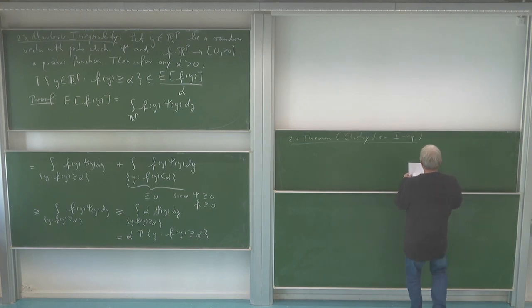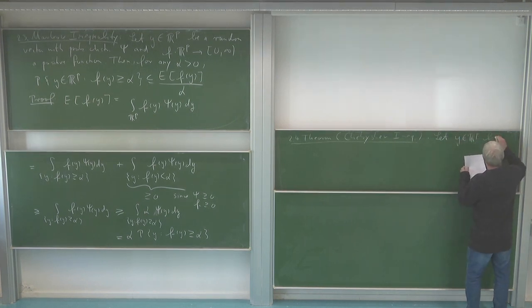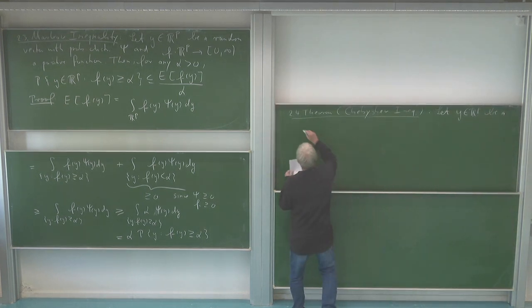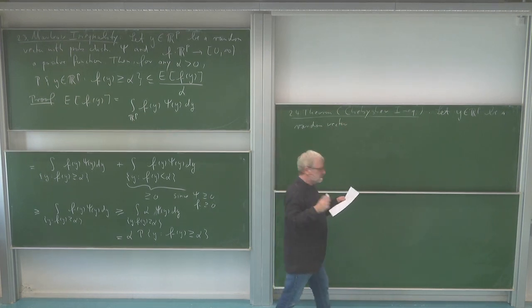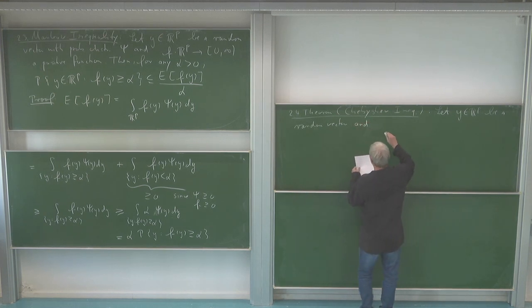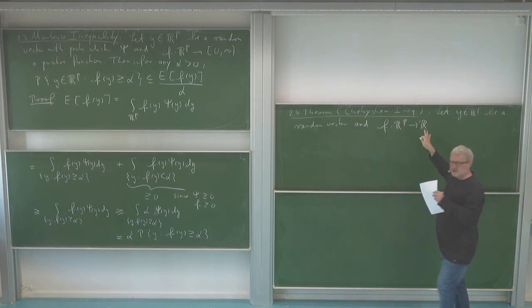So let y again be a random vector in p dimensions, again with quite arbitrary distribution, no specific assumption on independence or so. And we consider again a function from p dimensions to R, but now there's no positivity assumption.